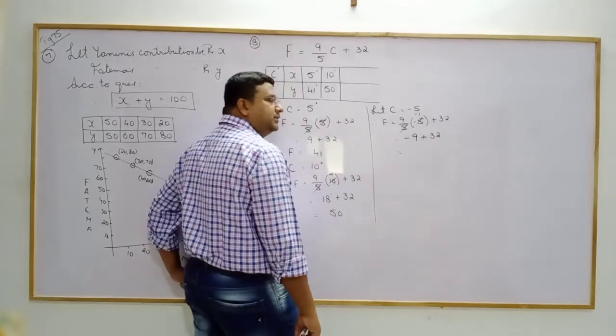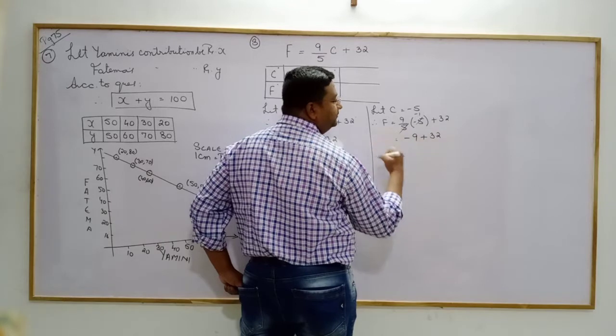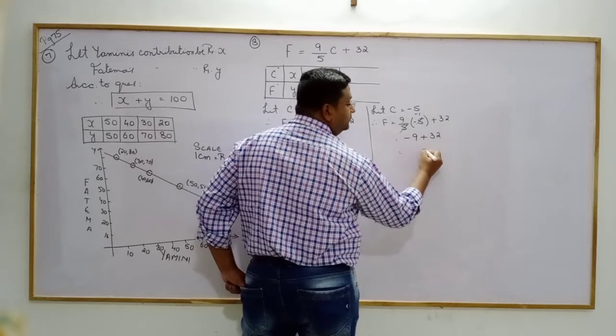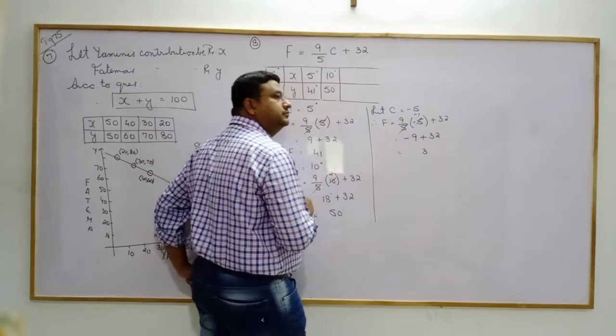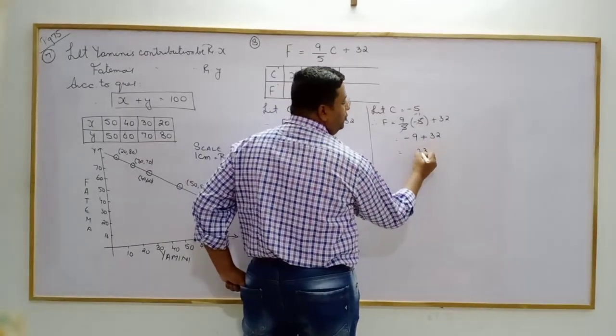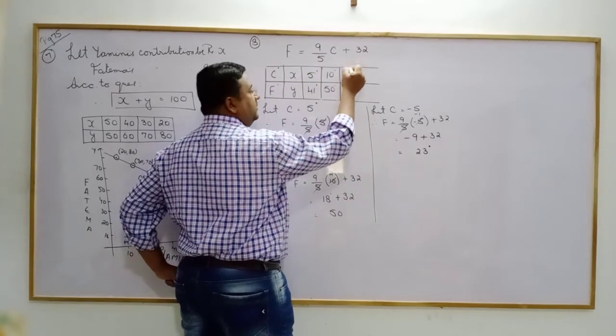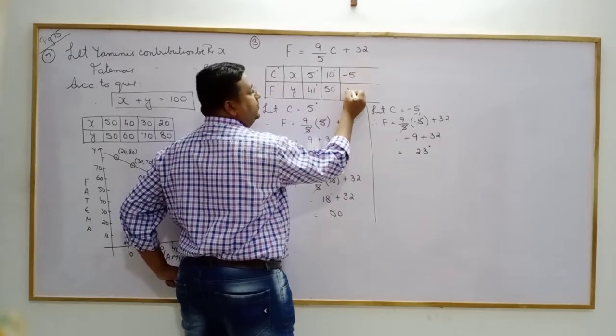Isn't it? 32 minus 9, how much? 23. So when it is minus 5 degrees, it is how much? 23 degrees.